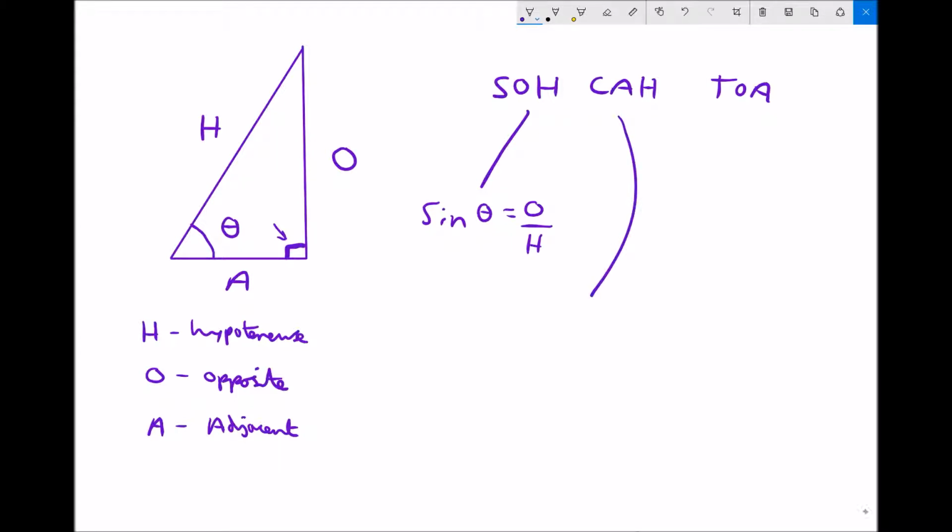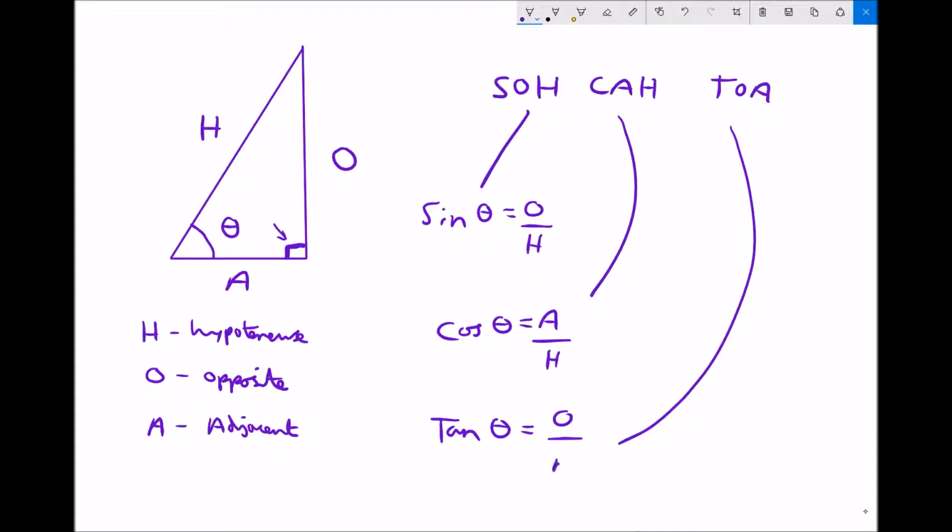Ka represents cosine, where cos theta equals adjacent over hypotenuse, and toa represents tan, where tan theta equals opposite over adjacent. They're the only 3 equations that you need to remember for trigonometry.